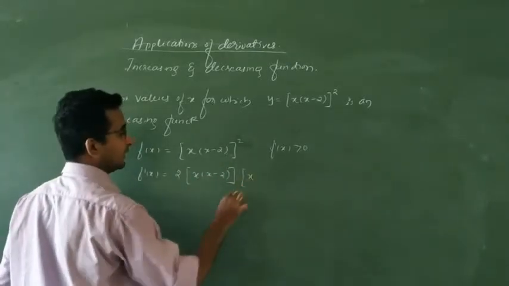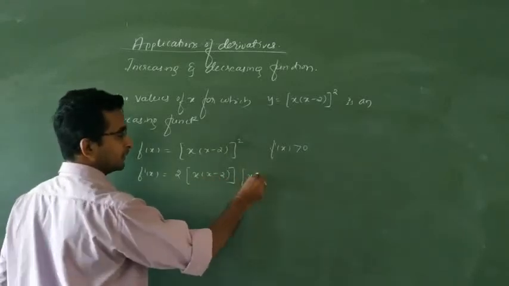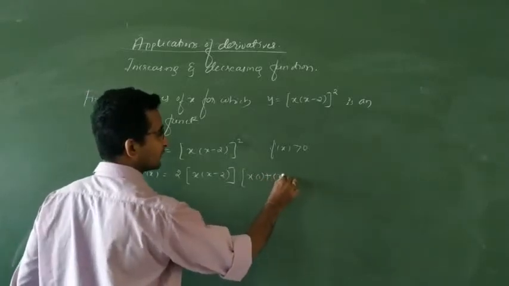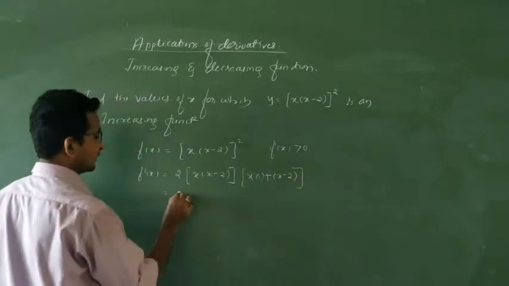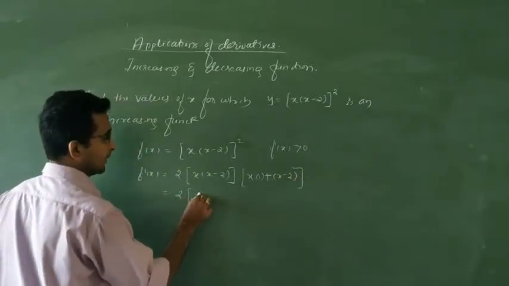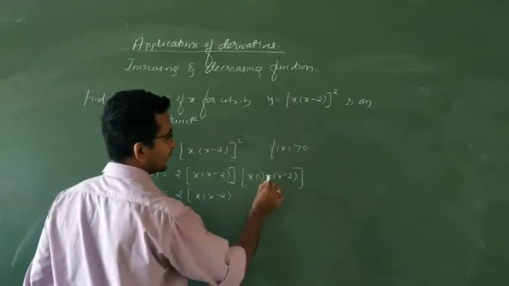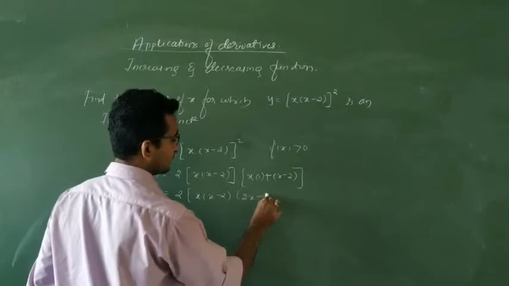First I keep the x as it is, then the differentiation of (x minus 2) whole square is 2 into bracket x minus 2, so x into 2 into bracket x minus 2. Next plus, keep the (x minus 2) whole square as it is, then the differentiation of x is 1. And here this is 2x into (x minus 2) plus (x minus 2) whole square.